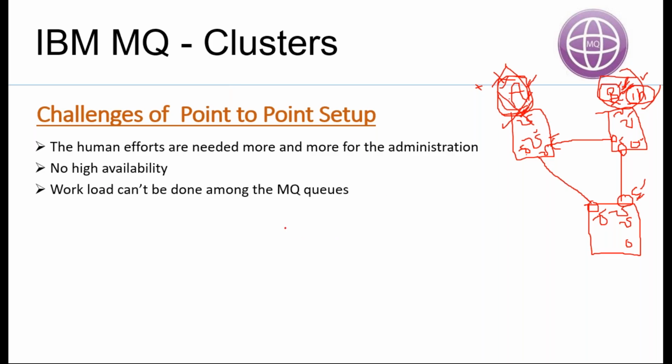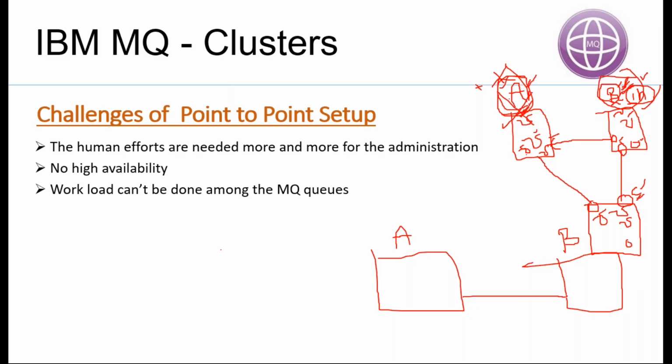Now, there is no workload balancing in the point-to-point setup. For example, let's assume there is queue manager A and queue manager B connected in a point-to-point setup. A has a remote queue, a transmission queue, and a sender channel. B has a receiver channel, a listener, and then a receiving queue.